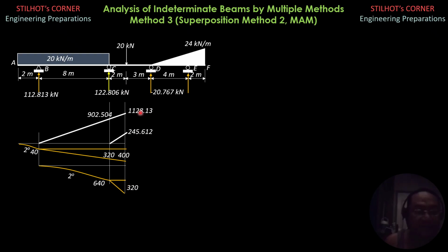So first, let's evaluate the EI division of C relative to B to compute for the slope at B due to this loading here. I'll call this G, the point under the 20 kilonewton load.